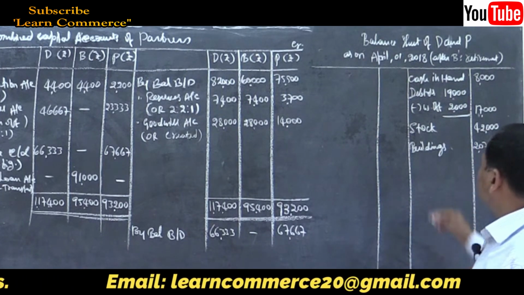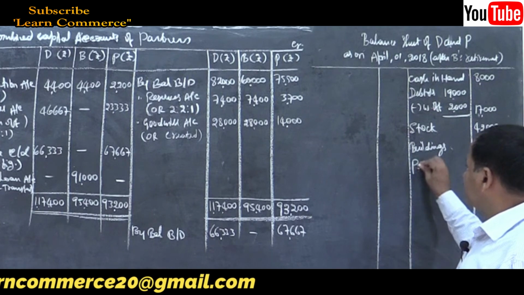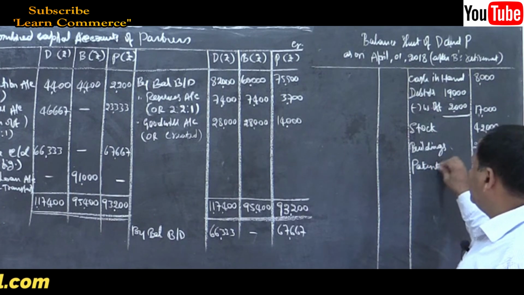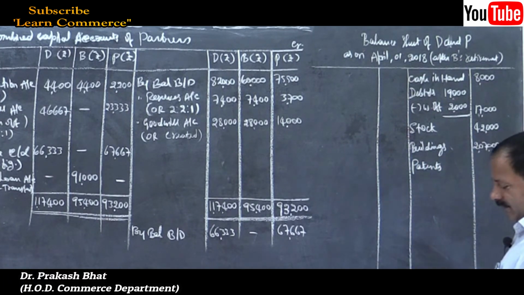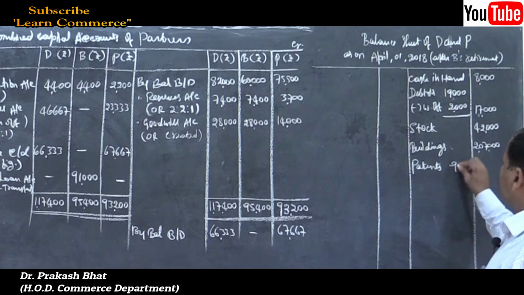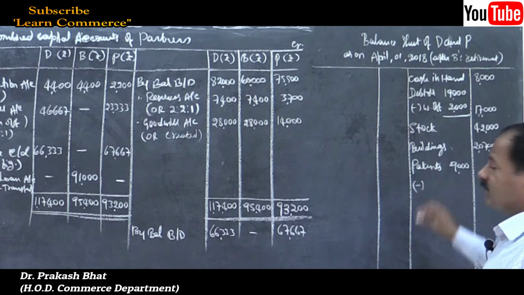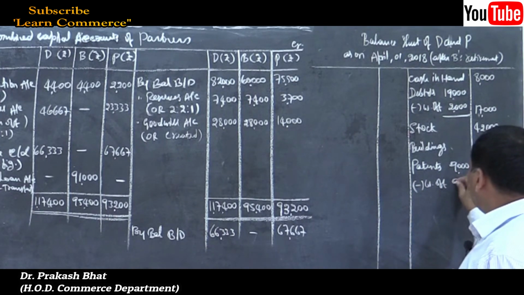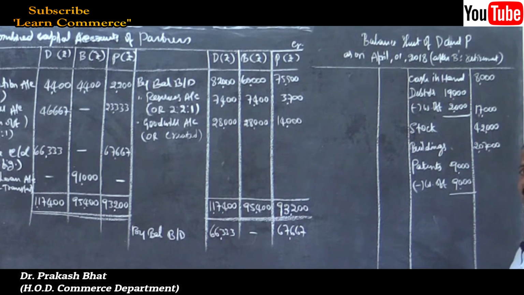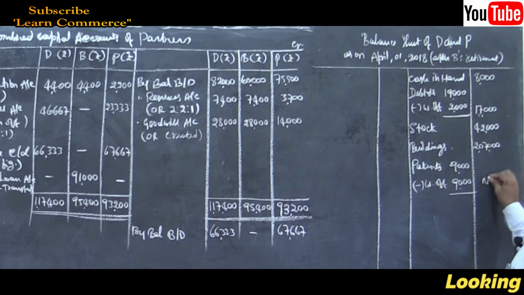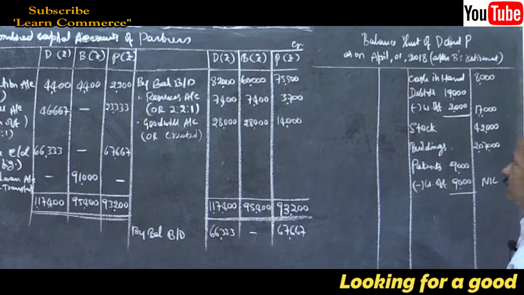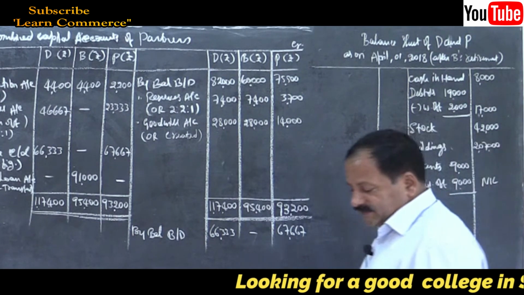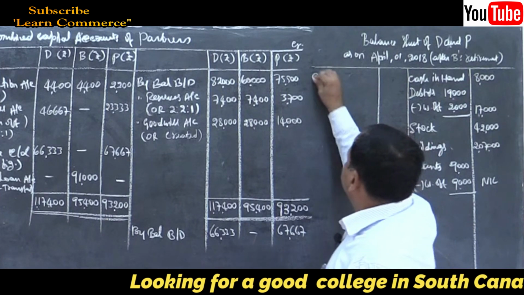The last asset is the intangible asset, patents. It is written off, so inner column 9,000 minus 9,000, 100% written off. Valueless means completely written off, so nil. That's all, no other assets. Move on to the liability side.